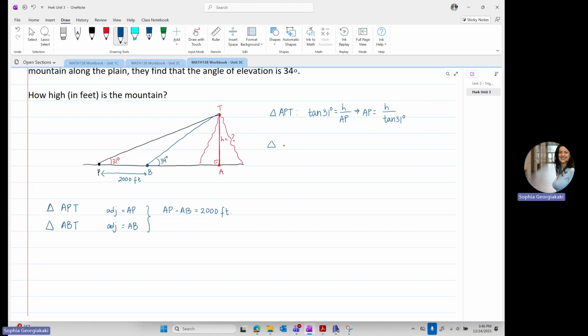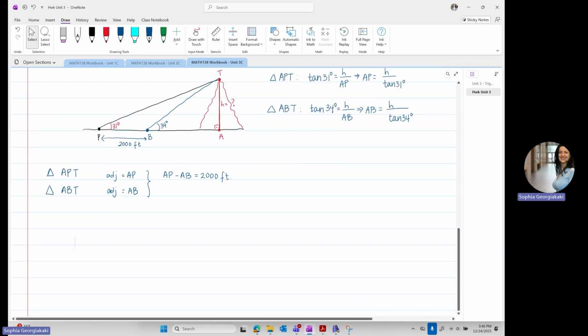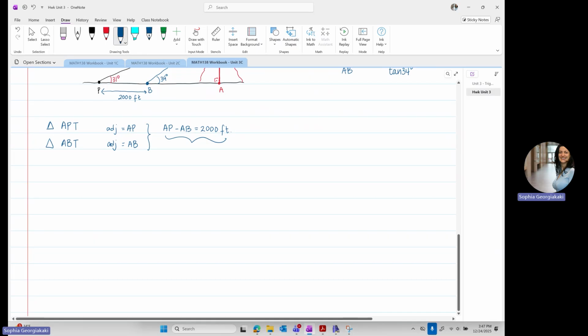And in the triangle ABT, the tangent of 34 degrees is the opposite, which is the height, over the adjacent, which is AB. And from that, if I multiply by AB and divide by the tangent, AB will be H divided by the tangent of 34 degrees. So I had two unknowns actually in these expressions. I had both H and AP and both H and AB, but I solved for AP and AB because I do have an equation for those two expressions.